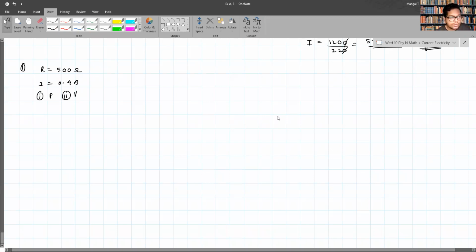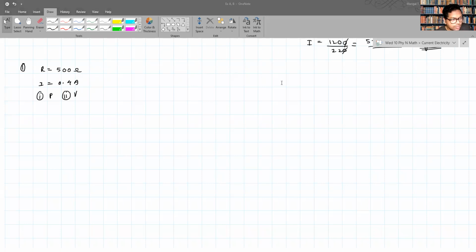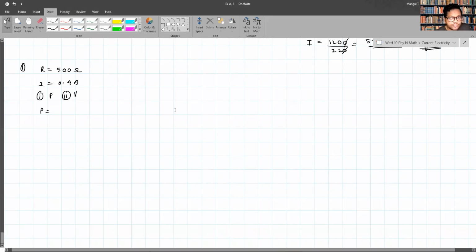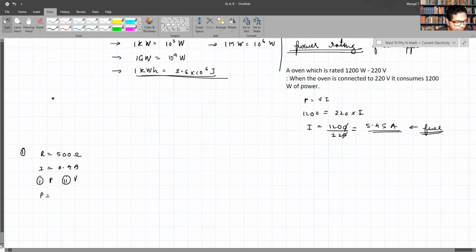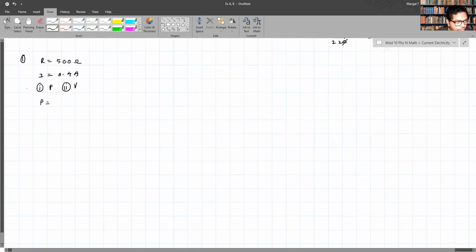How will you calculate power? If you look at the formulas, it is I square R. So 0.4 squared into 500. That will be 0.16 into 500, and that answer will be 80 watt.